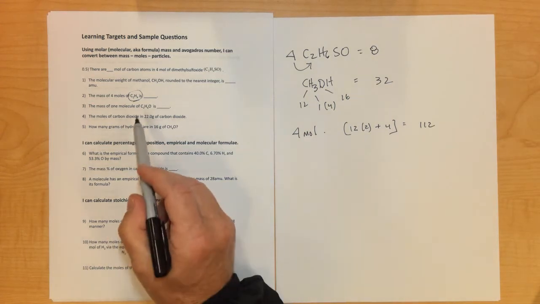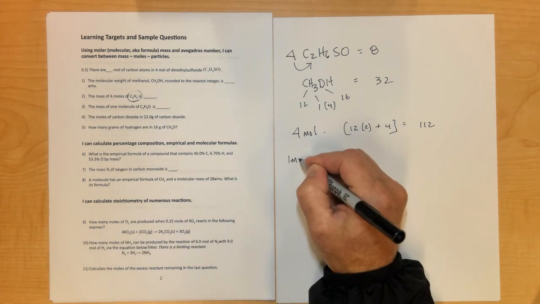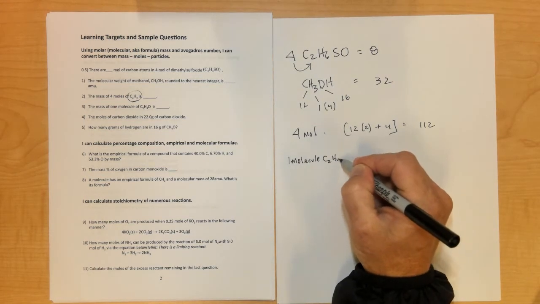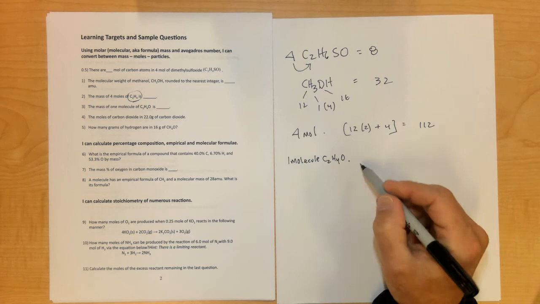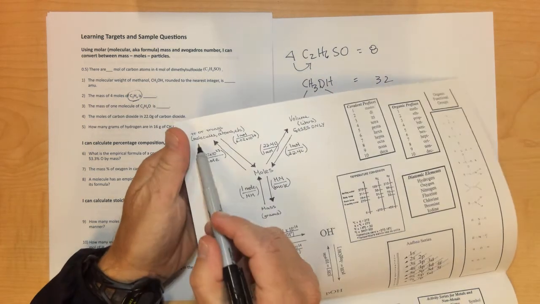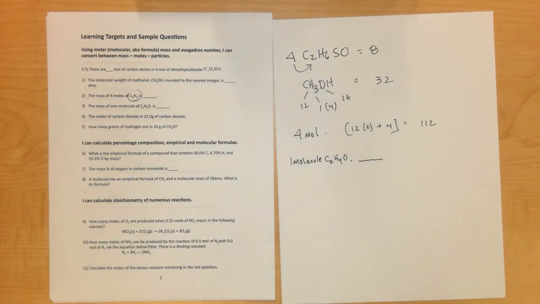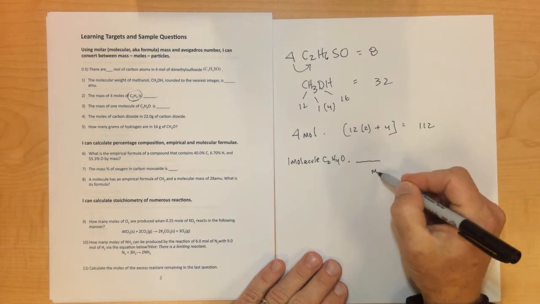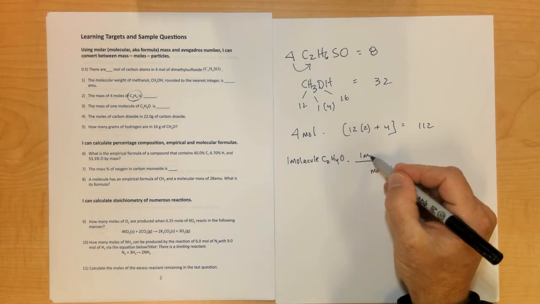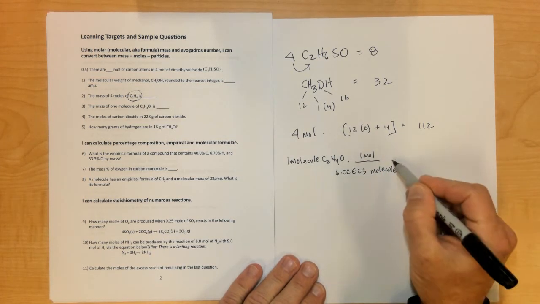Number 3, the mass of 1 molecule of C2H4O. So start with 1 molecule of C2H4O. We want to know the mass, so if you're following along with your periodic table, we're going to go from molecules to moles and then we're going to go to mass. So molecule down here is a new set of units, and in 1 mole are 6.02 times 10 to the 23rd molecules.